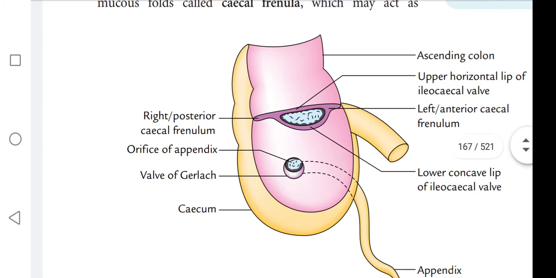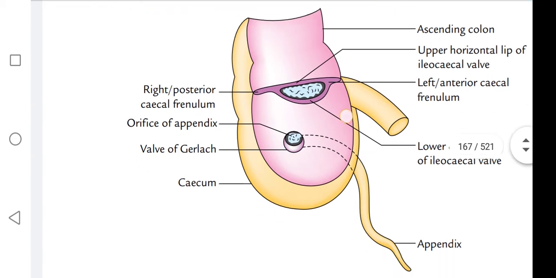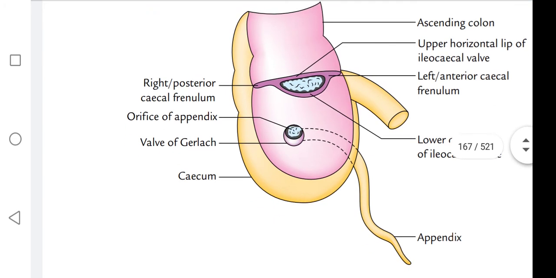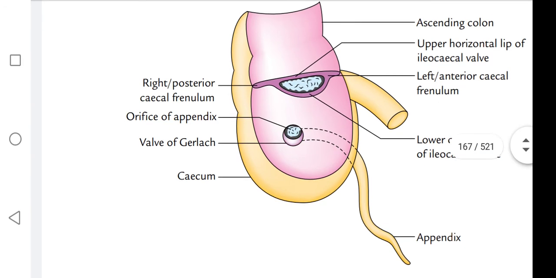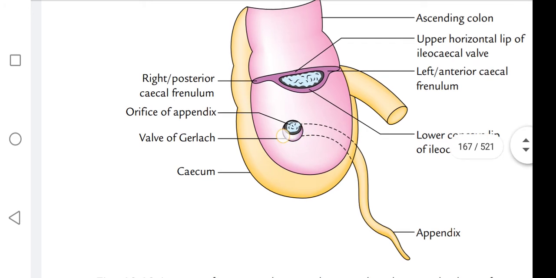This is the appendicular orifice, which is circular in shape and smaller. It is guarded by a semicircular fold of mucous membrane called the valve of Gerlach, present at the lower margin of the appendicular orifice.